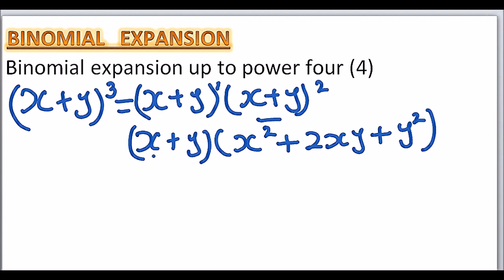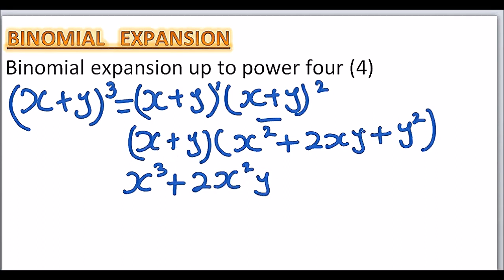Multiply x by x squared, so that will give us x cubed. x multiplied by 2xy will give us plus 2x squared y.